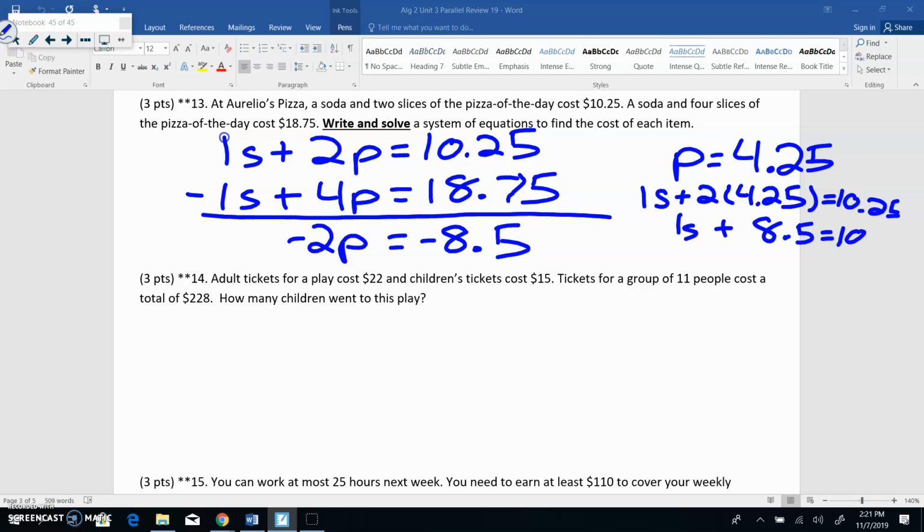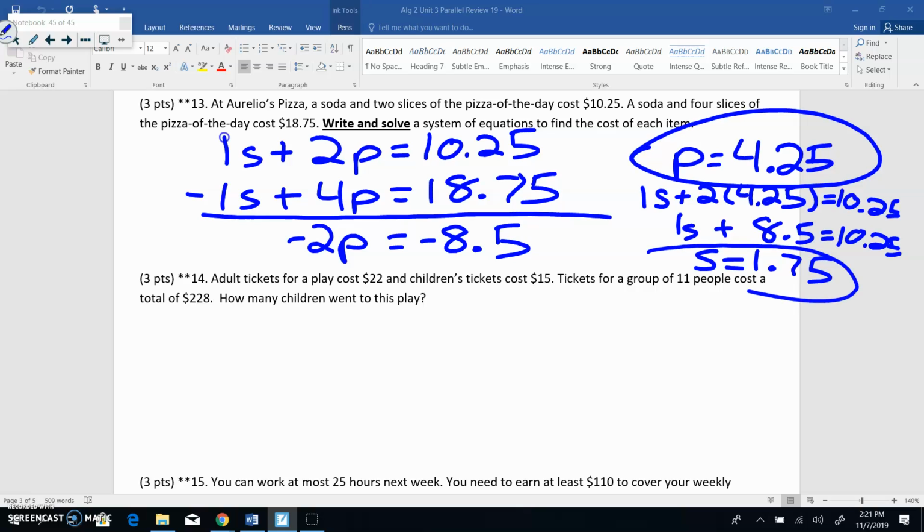Do your subtraction, and you will get that your soda will cost you $1.75. That's just what it is. So there are your 2 answers here and here.